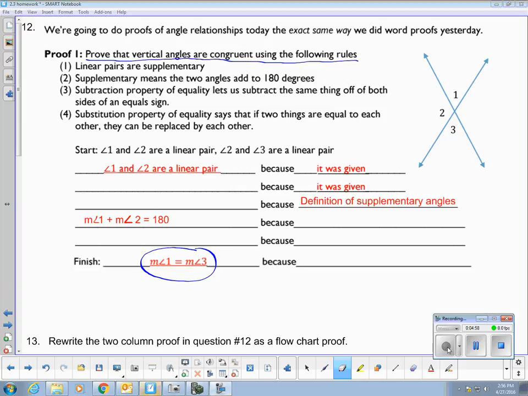So in the first step, we see that angle 1 and 2 are a linear pair, and that's given in the drawing. They're supplementary, which means that they add up to 180 degrees. And so logically, we can also say that angle 2 and angle 3 are also a linear pair.